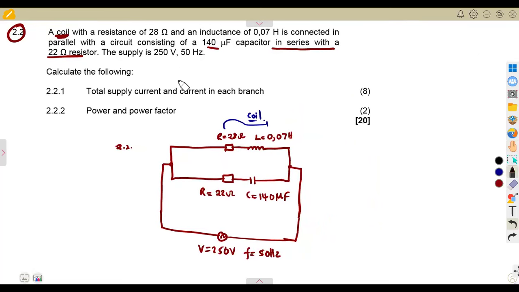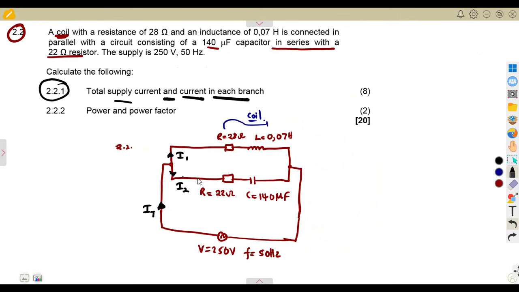So what is the question? 2.21, calculate the following: the total supply current and the current in each branch. So we need the total supply current and also the current in each branch. So considering across the coil, maybe this is your I1, across the RC circuit, maybe this is your I2.